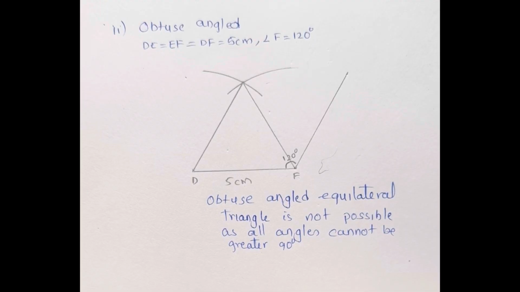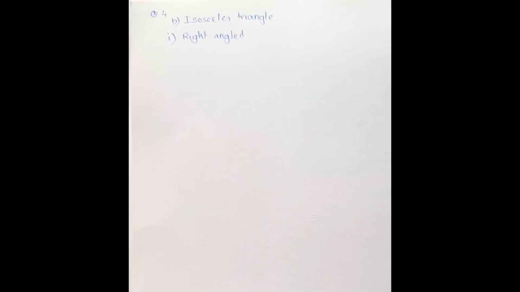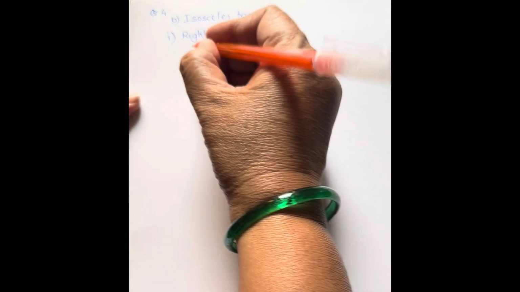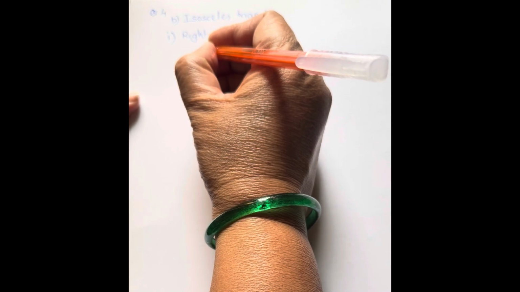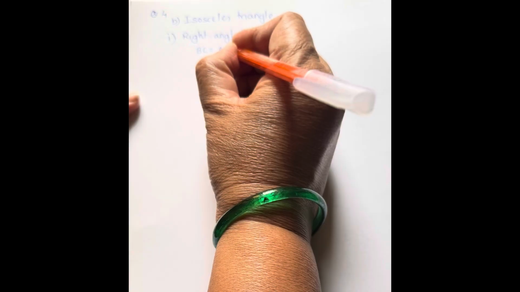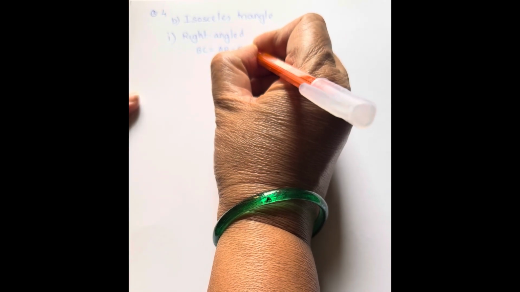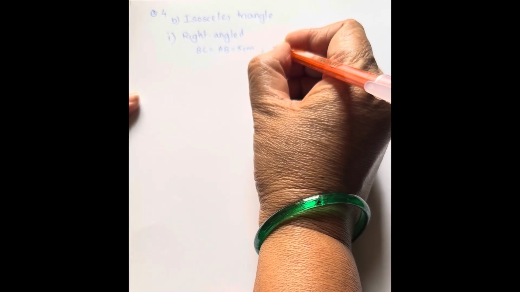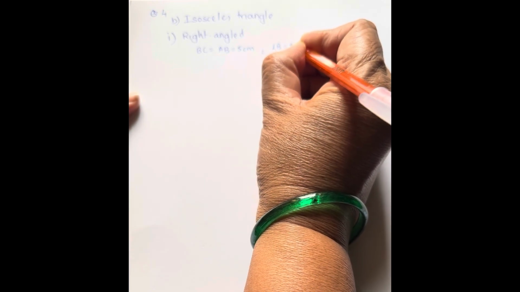Now we'll solve the second part. In question 4, the second part is construct an isosceles triangle that is a right angled and an obtuse angle. So first we try to draw a right angled isosceles triangle and we take the sides as two sides BC and AB. Suppose we take it as 5 centimeter and angle B we take it as 90 degree. Okay.